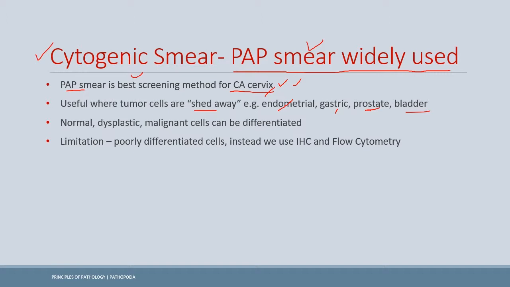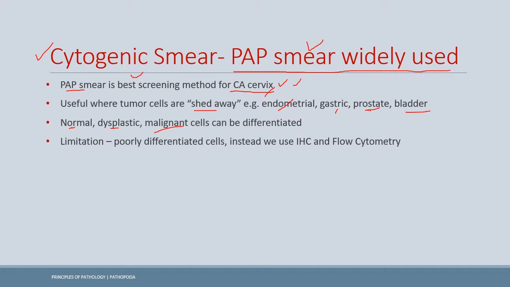When we prepare a smear, we try to differentiate between the malignant, dysplastic, or normal cell. We look at the architecture, the morphology of the nuclei and the cytoplasm of the parent cell, in comparison to the other cells or a group of cells.